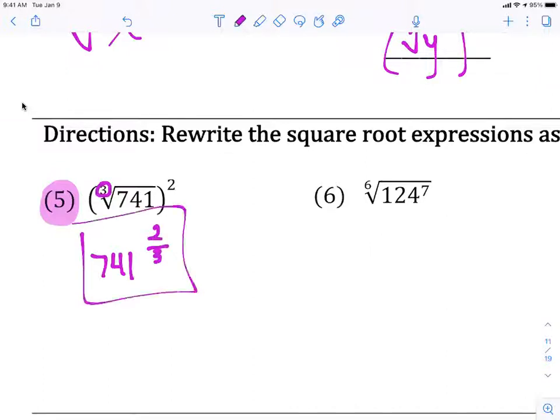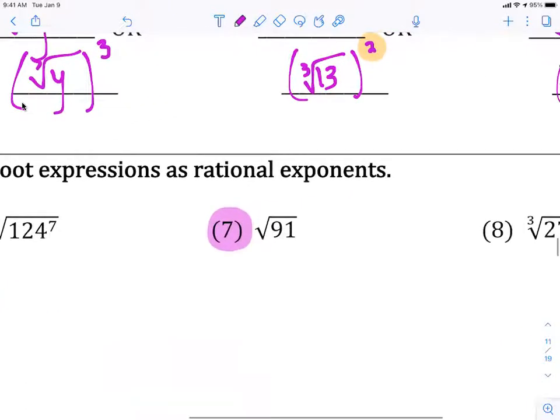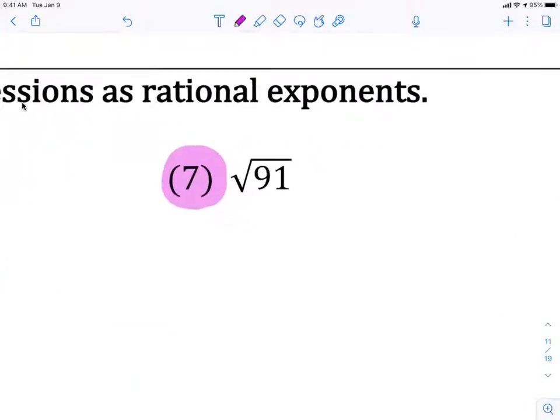Final answer, you'd say 741 raised to the 2/3. If it's one like number 7 here, where there is no number, remember that's always implied to be a 2. So this is asking us to take the square root of 91, which just means we're going to take 91 and raise it to the 1/2.